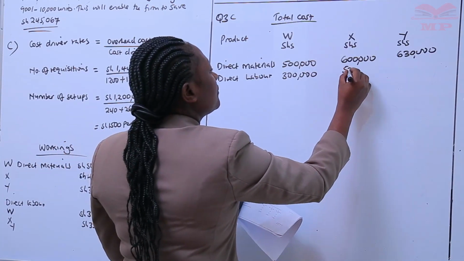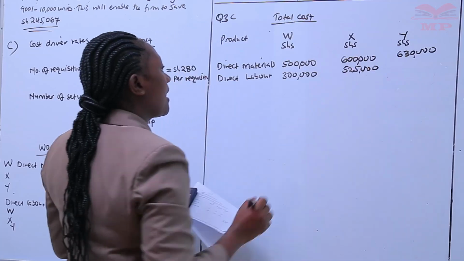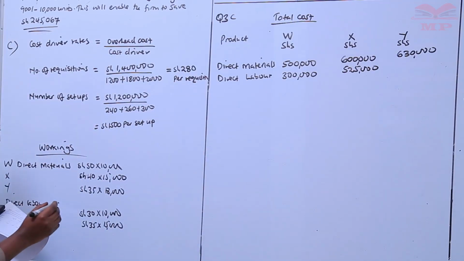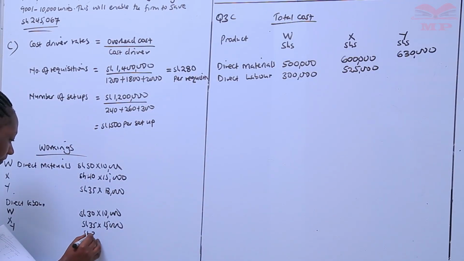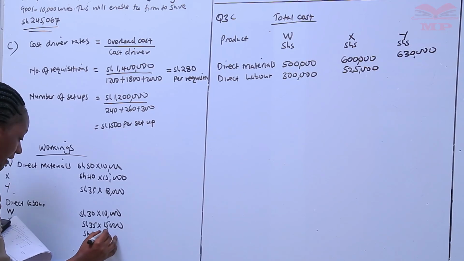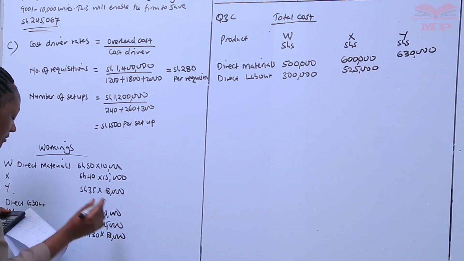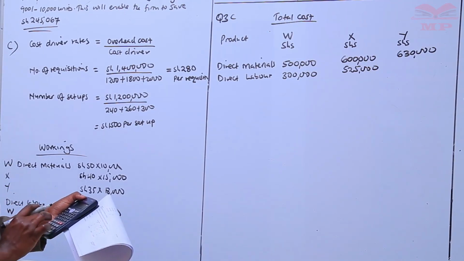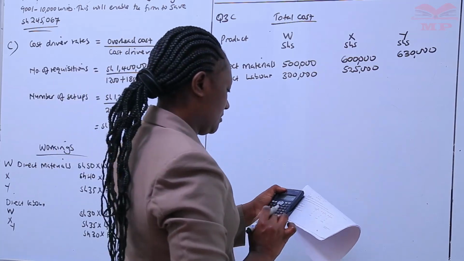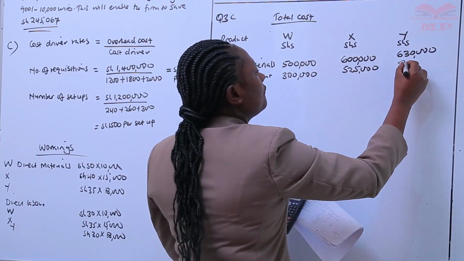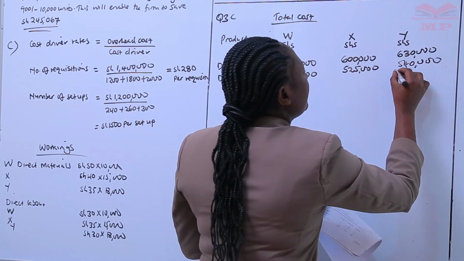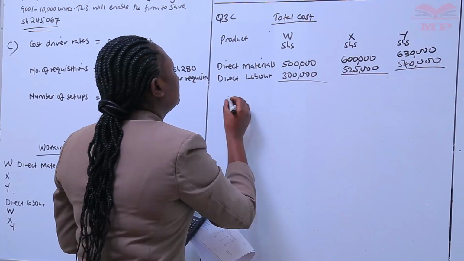This is 525,000. For Y, we have 30 multiplied by 18,000. And this is 540,000.